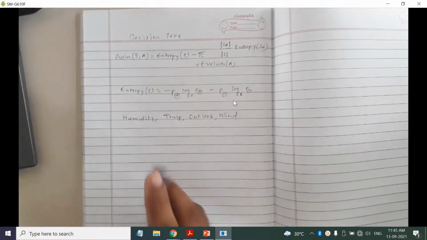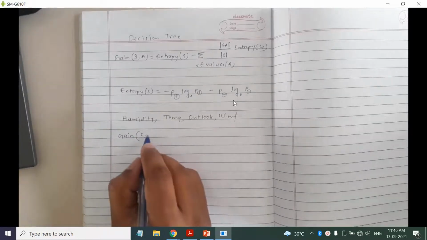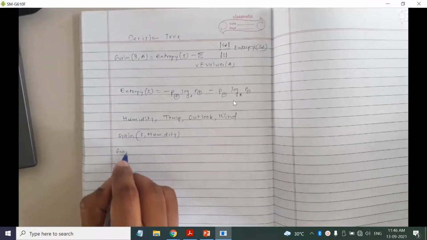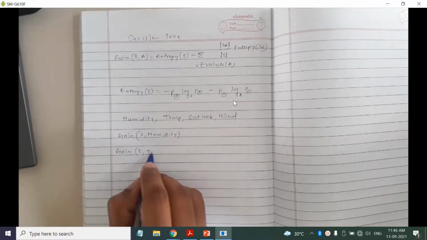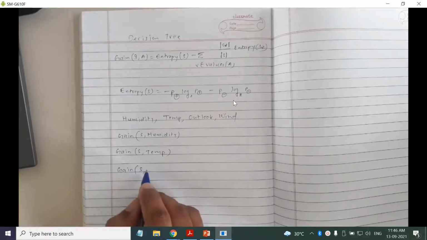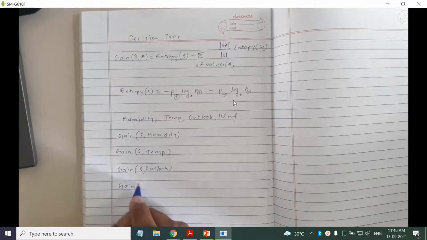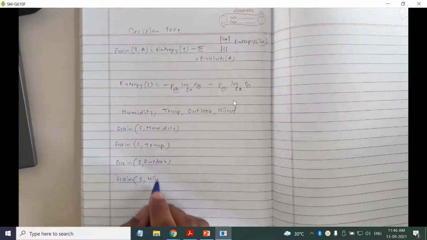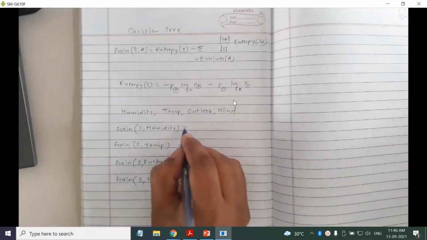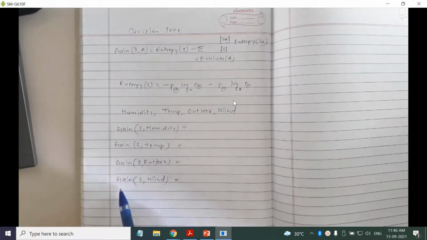So we have to calculate 4 values: the gain of training examples S when you have humidity, the gain of S when you have the temperature attribute, the gain of S when the attribute is outlook, and the gain of S when the attribute is wind. Then we will select the attribute which has the highest gain value at the root node.